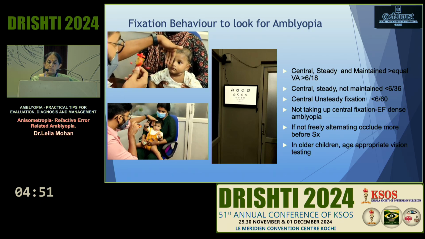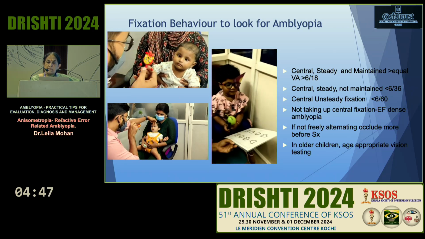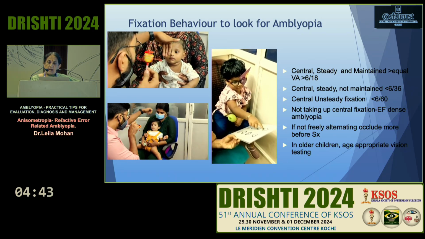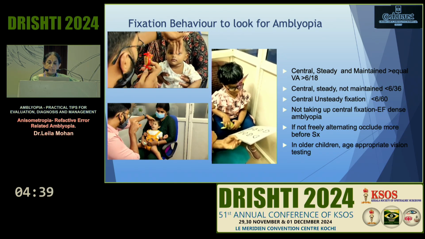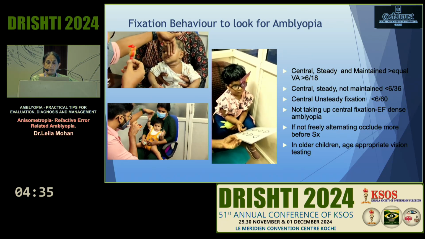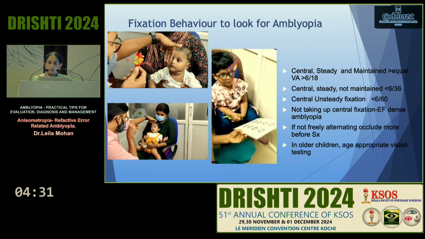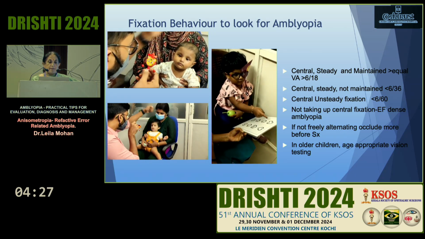If there is no central steady fixation and it is not maintained, that means his vision is worse than 6/36, and if it is unsteady, that means his vision is worse than 6/60. In the older child, you can take vision with age appropriate measures. HOTV or picture charts can be given to see whether amblyopia is there or not.